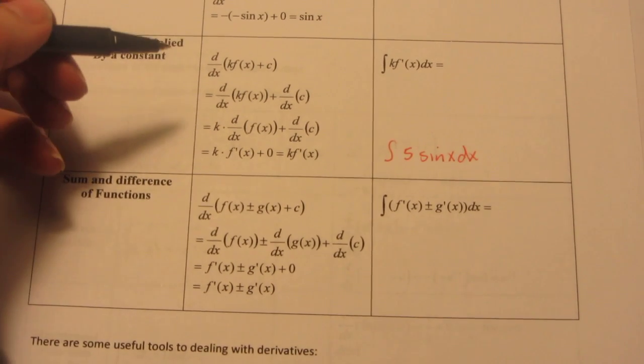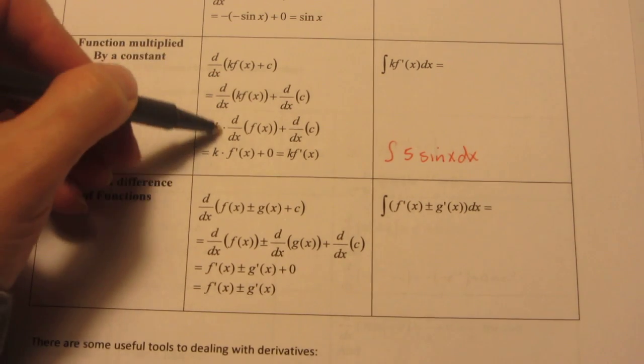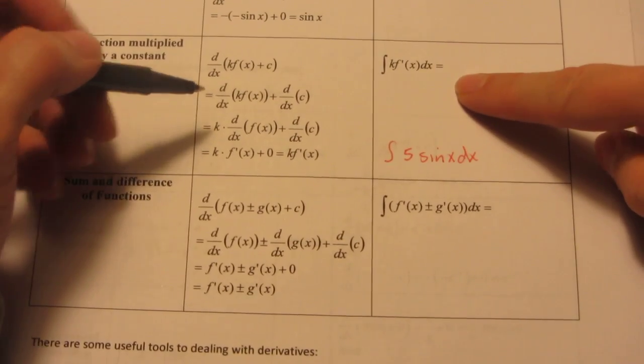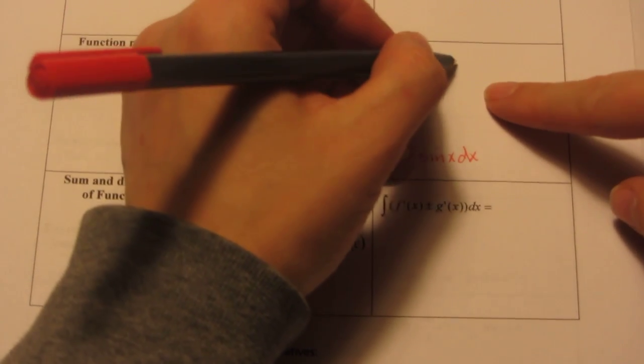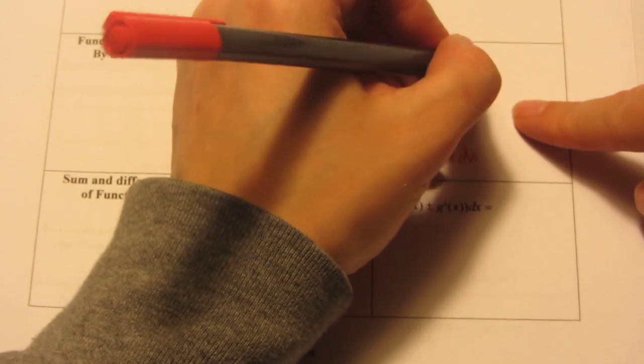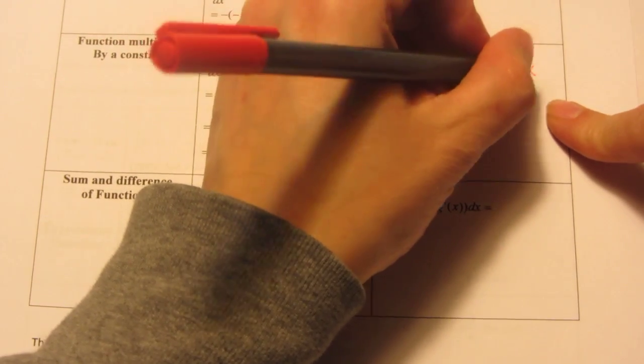But what this means is that if I reverse this process, it really means that this constant can be pulled out, which is the whole point of why I made sort of a separate one here. So this I could rewrite as k times the integral of f prime of x dx, like that.